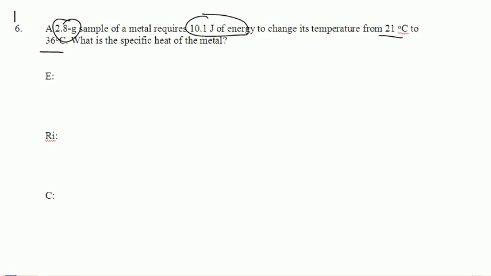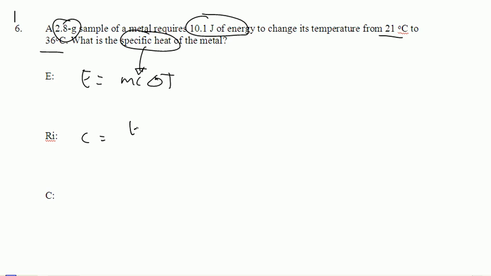Okay, they're asking me again for specific heat, but we know that there is this equation, E equals mc delta T, change in T. We need to rearrange this equation to solve for specific heat. That's going to be C again.